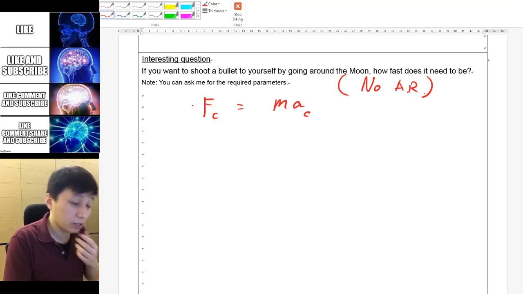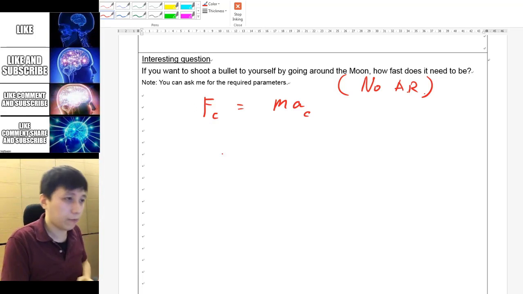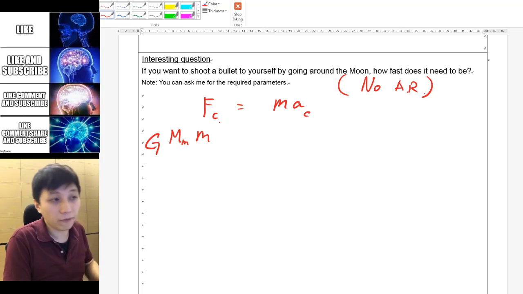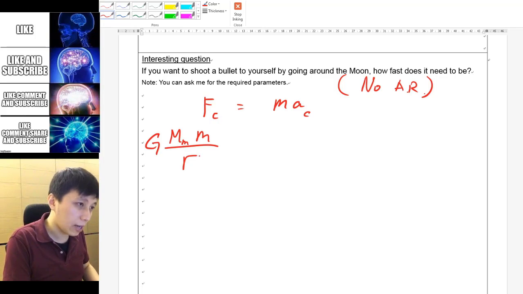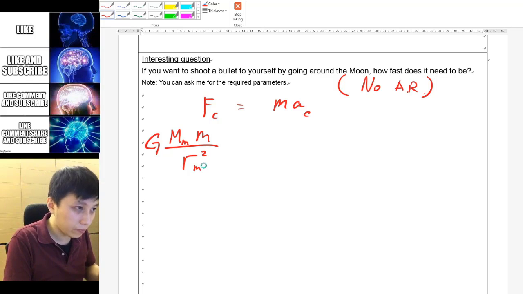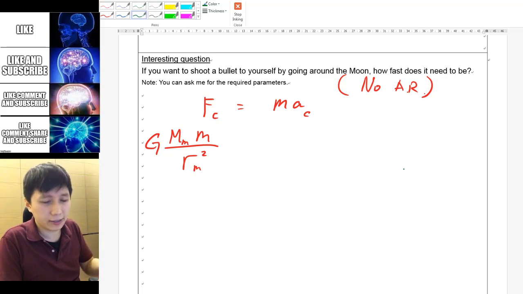Anyway, for the force, it's going to be the gravitational force on the bullet. So that's going to be big G, the M of the moon, by the way, and then the m of the bullet itself, over r squared. This r is the radius of the moon. Some of you may be thinking, hey, should I account for the height of the person?